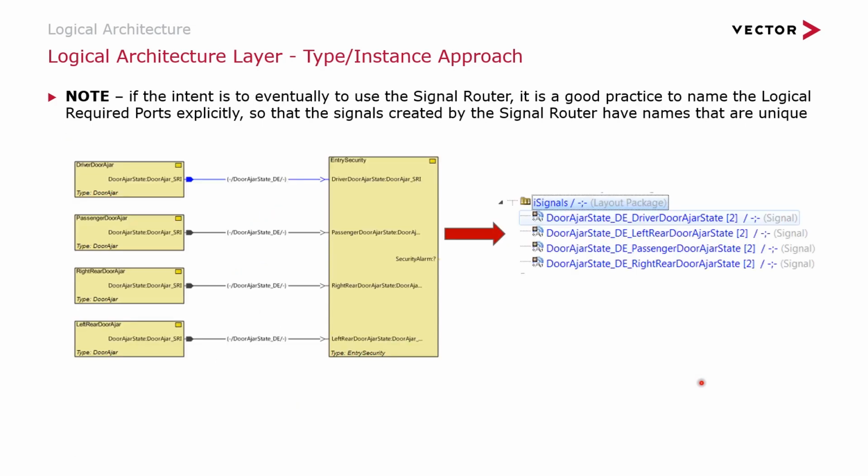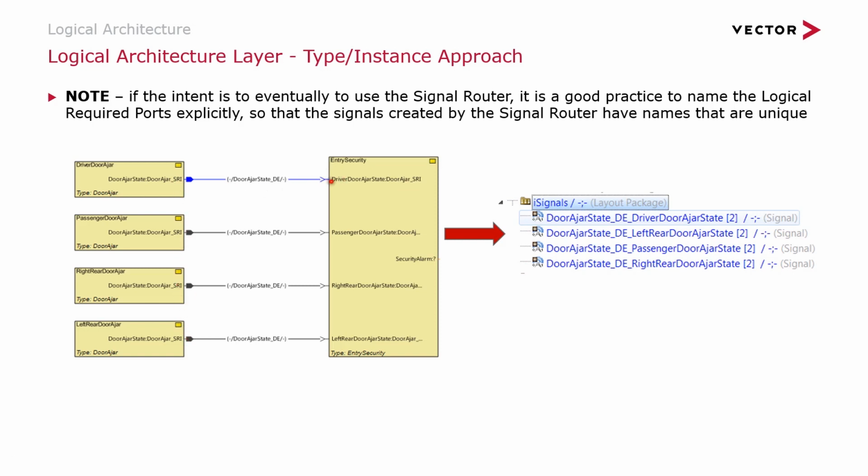This is one note that is going to be relevant in perhaps a future video where we talk about the use of the signal router from the logical layer. Because the type will define the name of the port that is on a logical function, and that name will be the same for all of the instantiations of the type.